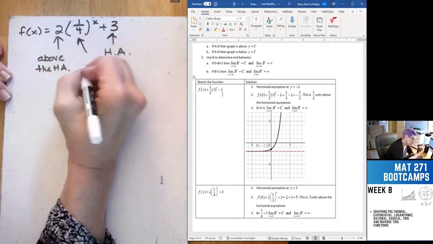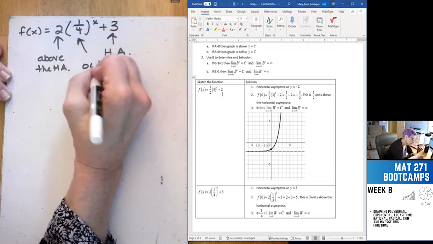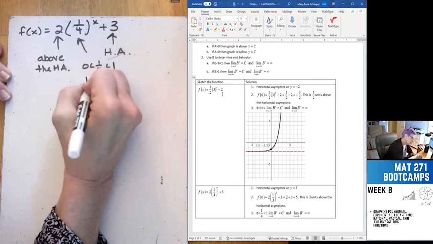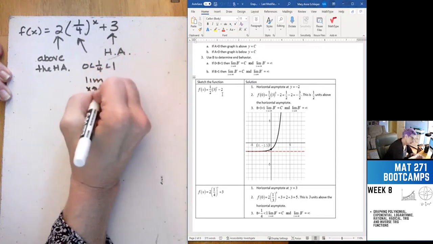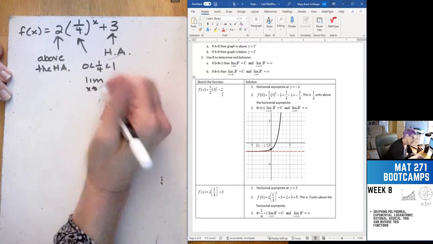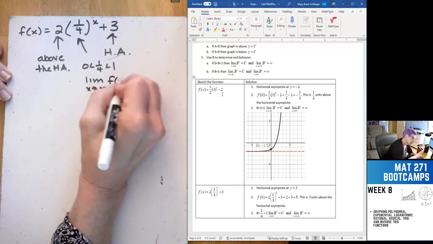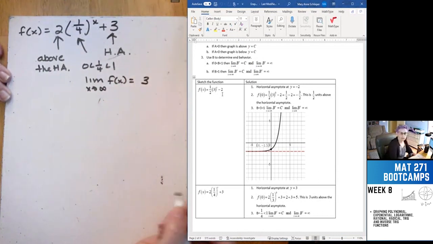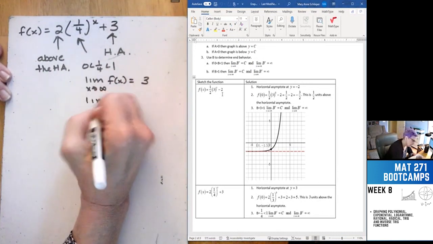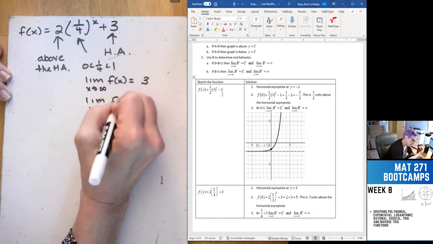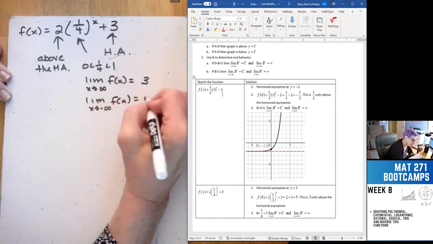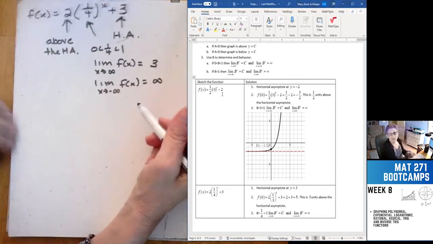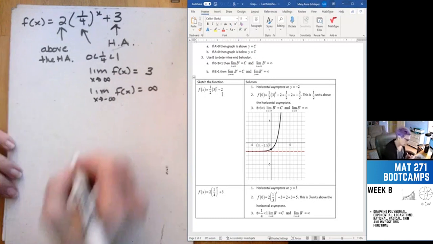And this number is between 0 and 1, which means the limit as x approaches infinity of f of x is equal to my horizontal asymptote, and the limit as x approaches negative infinity of f of x is equal to infinity. So we already know exactly what this thing looks like.